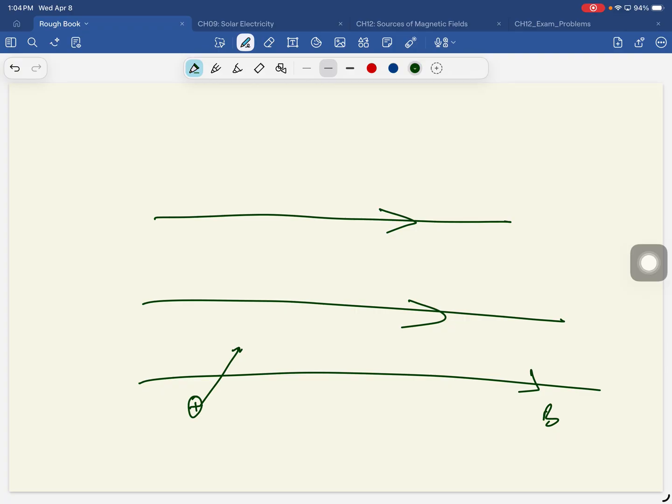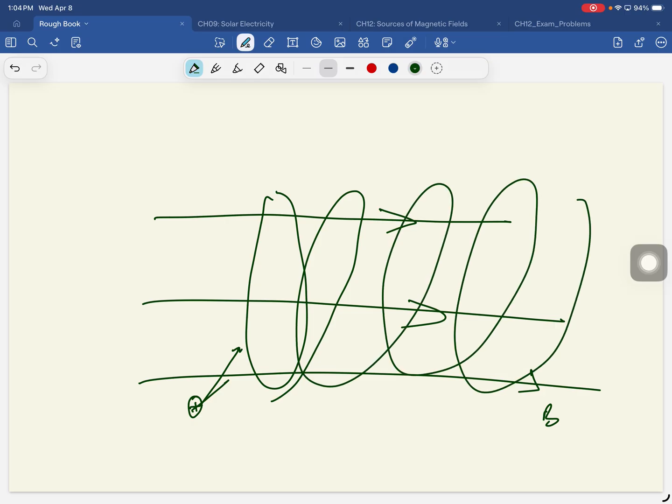It'll wrap around the field lines, right? If I throw it perpendicular, it'll just go in circles. If I throw it at an angle, it'll spiral around. Now, if this field were straight or it ended, then when the field ends, the proton would escape.